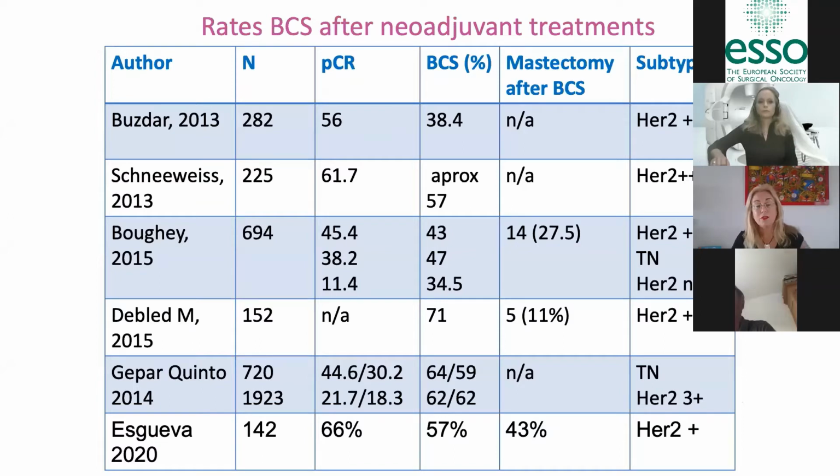Of course, rates of breast conservative surgery after neoadjuvant treatment have been increasing over the years. In the first years, those rates were very low, but nowadays in the newest reviews, studies and clinical trials, it approaches very much the pCR rate. So there is no point in increasing pCR with systemic treatment and then driving the patient to have a mastectomy when she can have breast conservative surgery.